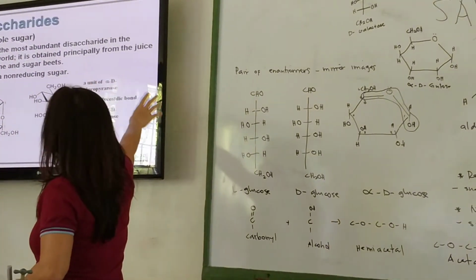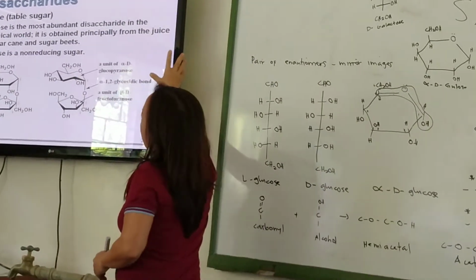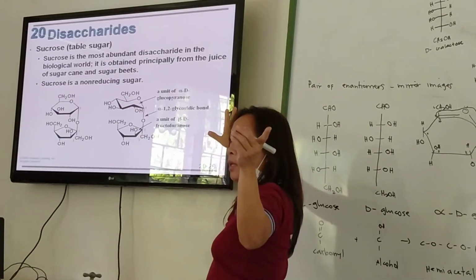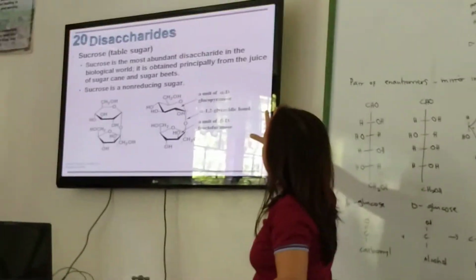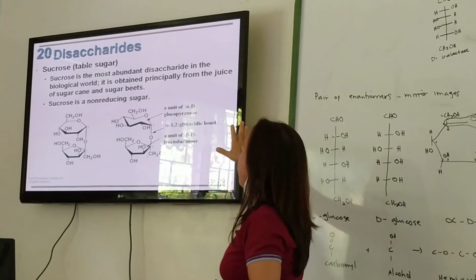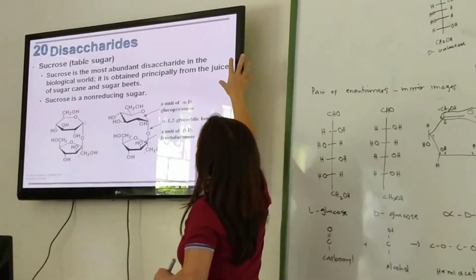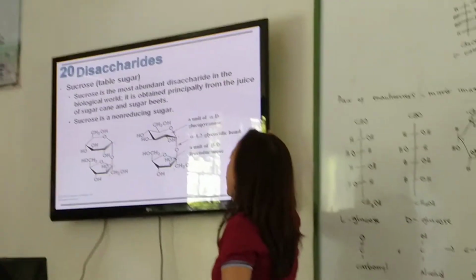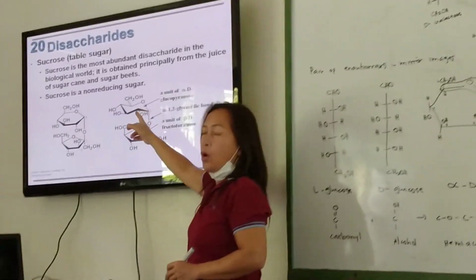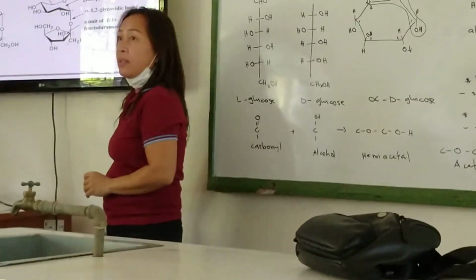In the case of sucrose, sucrose is actually our table sugar. It is the most abundant disaccharide in the biological world. So it's the table sugar, pagpatimpla o kape, the one we're using in our kitchen. It's obtained principally from the juice of sugar cane and sugar beets. That's the origin of sucrose. And sucrose is non-reducing. Why non-reducing? It does not contain any free hemiacetal at the end.